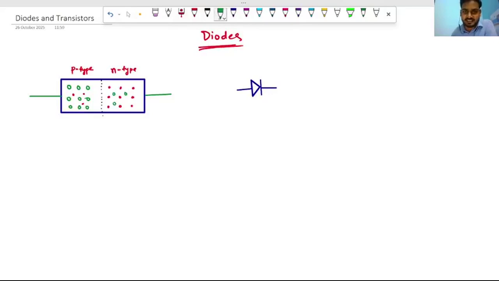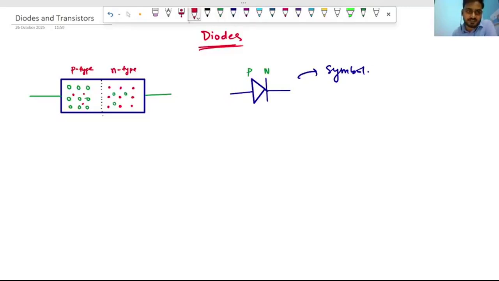This side is P and this side is N. Let me make it a little larger for clarity. There will be no gap here, it will be connected. That's how we will draw the PN junction diode.